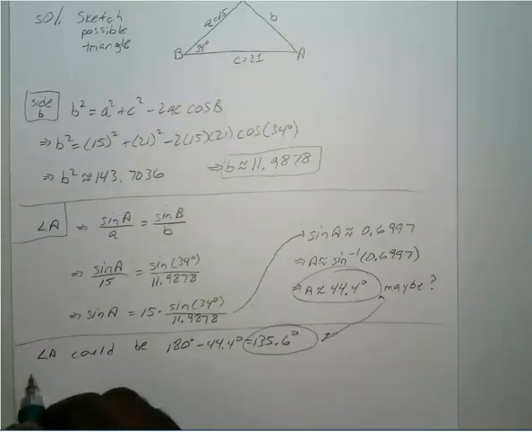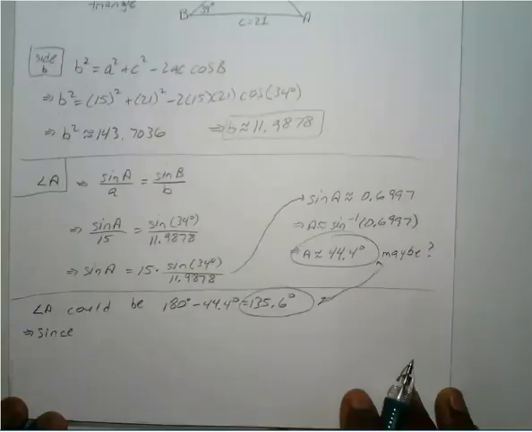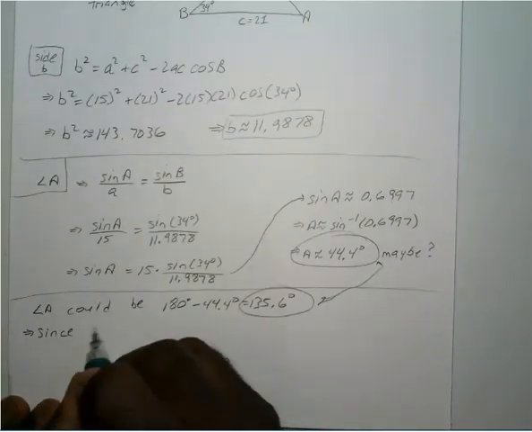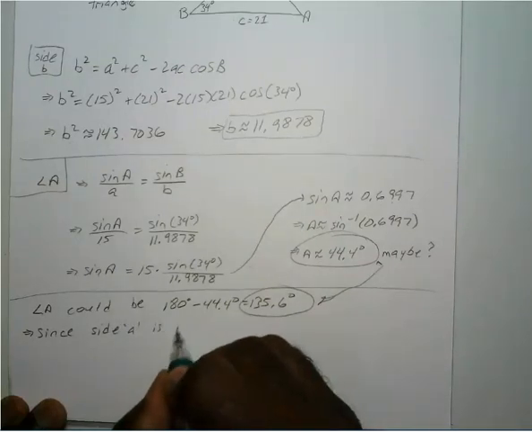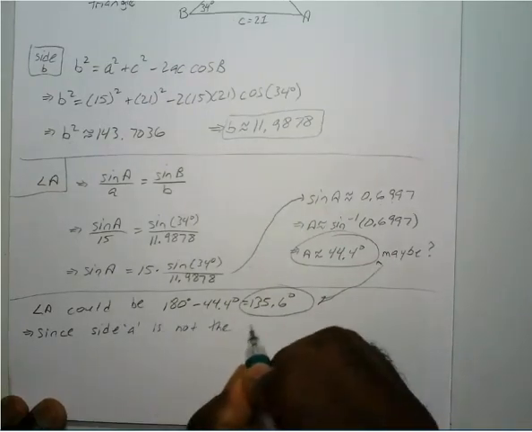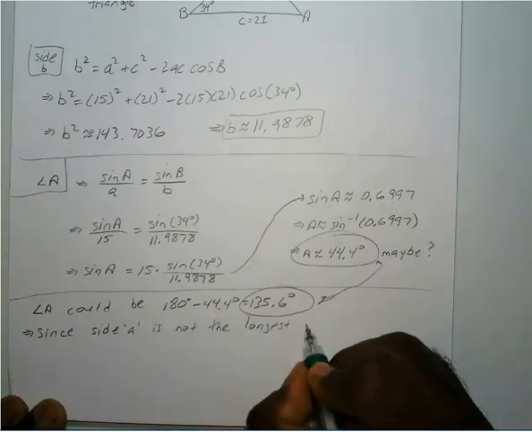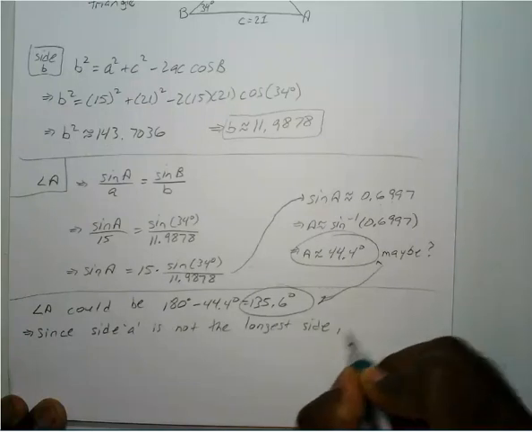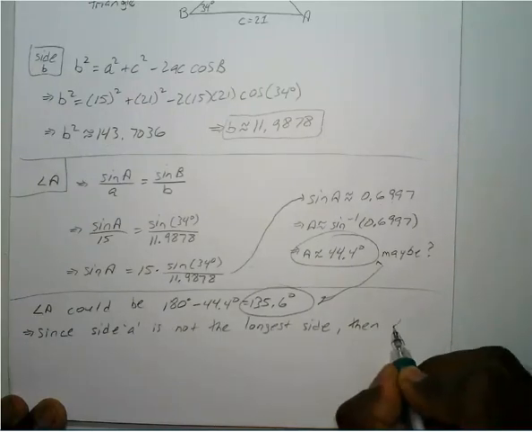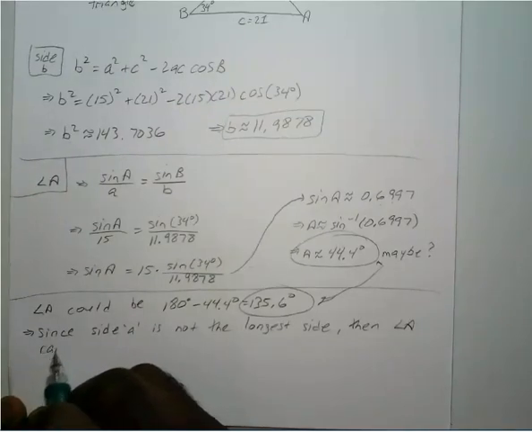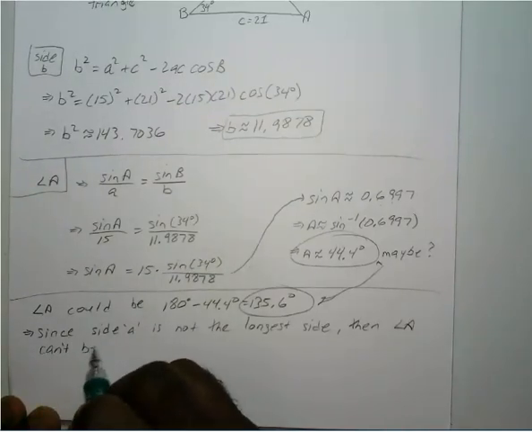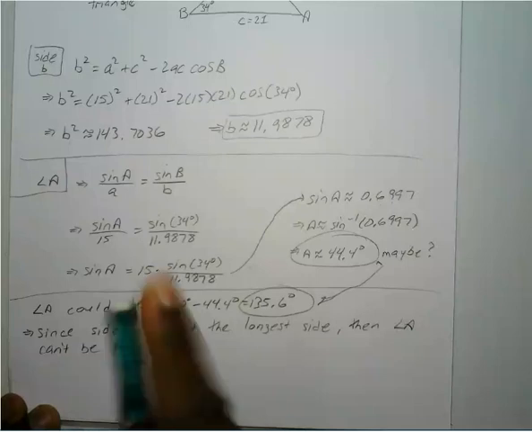Okay. So since side A is not the longest side, then angle A can't be the largest angle.